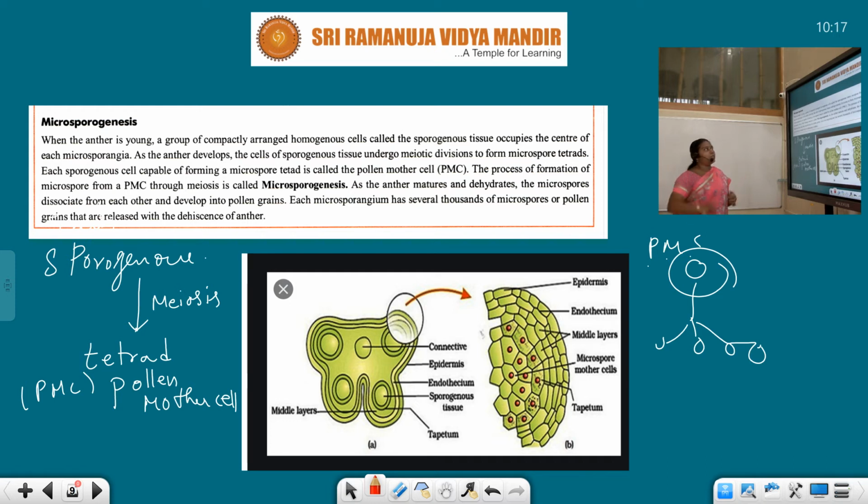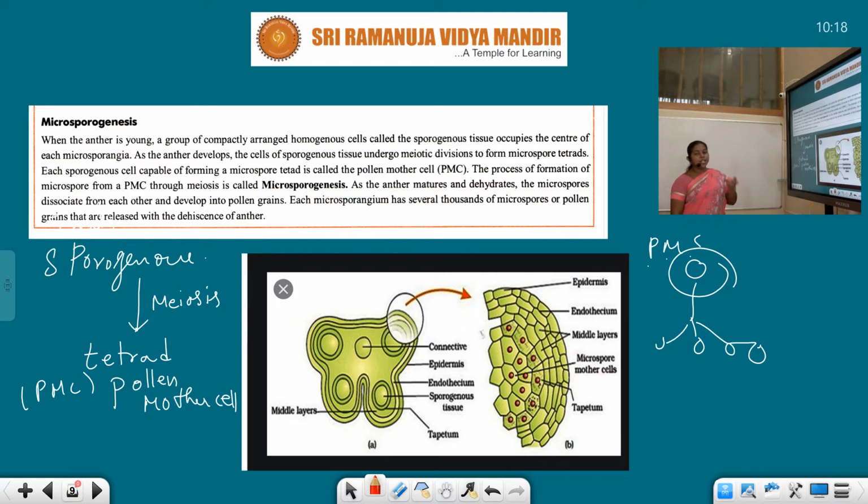As the anther develops, the cells of the sporogenous tissue undergo meiotic divisions to form microspore tetrads. So students, when it is developing, this sporogenous tissue develops to form a microspore tetrad. Each sporogenous cell is capable of forming microspores.